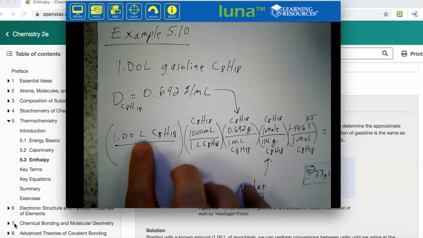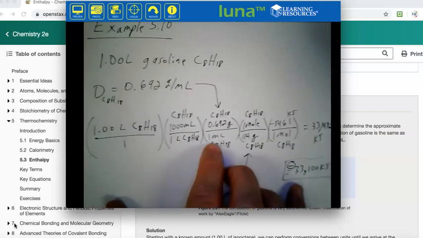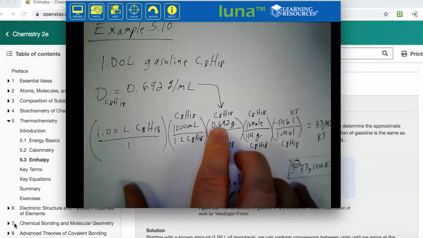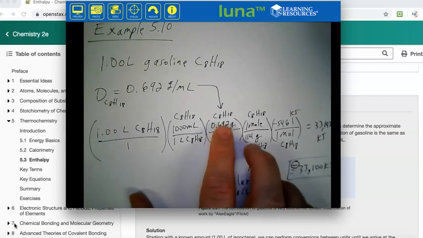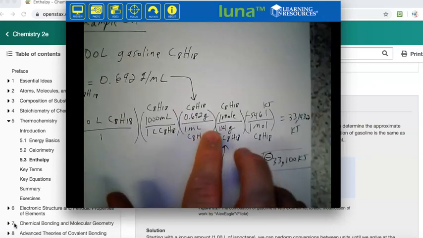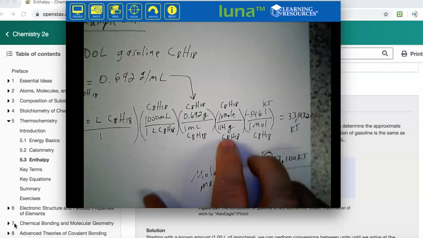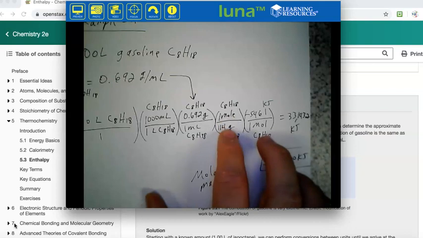So here we go from liters to milliliters, and then every 1 milliliter is equal to 0.692 grams. That's our density value there. So now we know the mass of our gasoline, and now we can convert mass to moles using molar mass. The molar mass of C8H18 is 114 grams per mole.